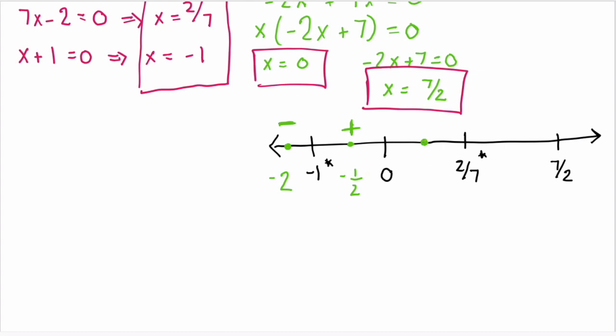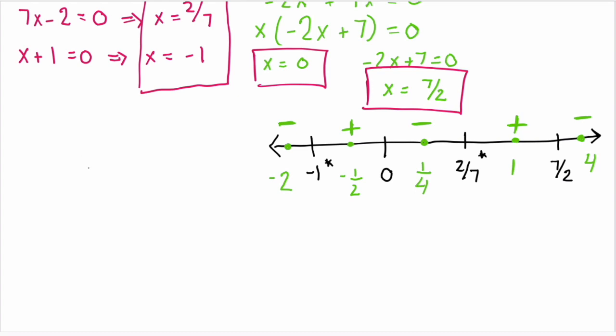The next interval, I used a value of 1/4, and that was negative. Remember, you can use your calculator to check these test values, and you're really just looking for, do you get a positive or a negative value? The fourth interval here, I used a test value of 1, and that was once again positive. And the very last interval, I used 4 for my test value, and that was negative.